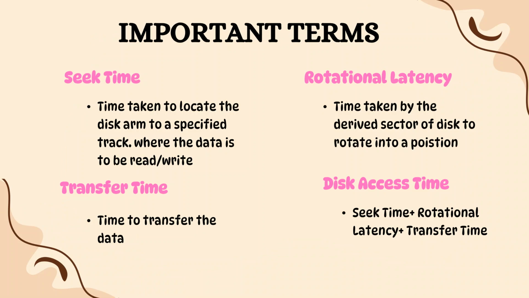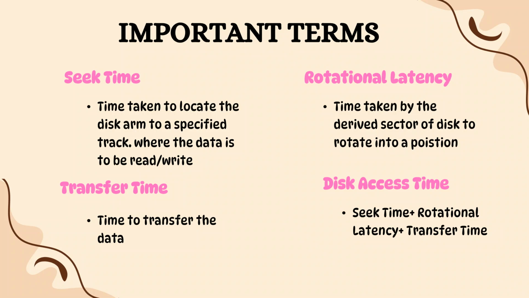The second one is rotational latency. This is the time taken by the desired sector of the disk to rotate into position. Suppose the sector is here, the disk should be rotated towards the read and write head. Then only the data will be read or written.